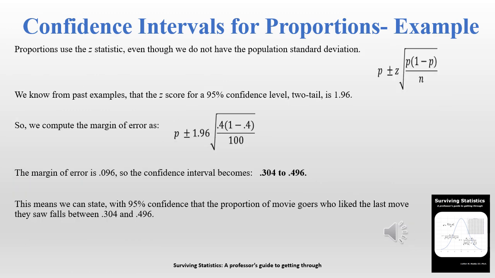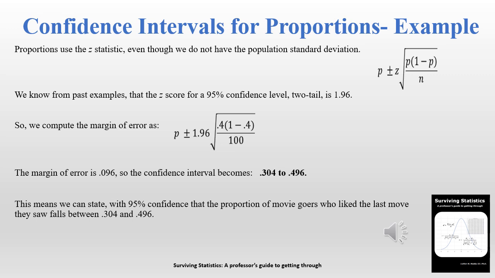All right, one of the z-scores that we probably have already memorized right now is 1.96, and we should recall that 1.96 gives us a 95% confidence interval in a two-tailed test, which leaves 2.5% at each tail. So now that we have the z-score, and we use the z-score even though we don't have the population standard deviation because you don't have standard deviations with proportions. We compute the confidence interval, the margin of error being 0.096.